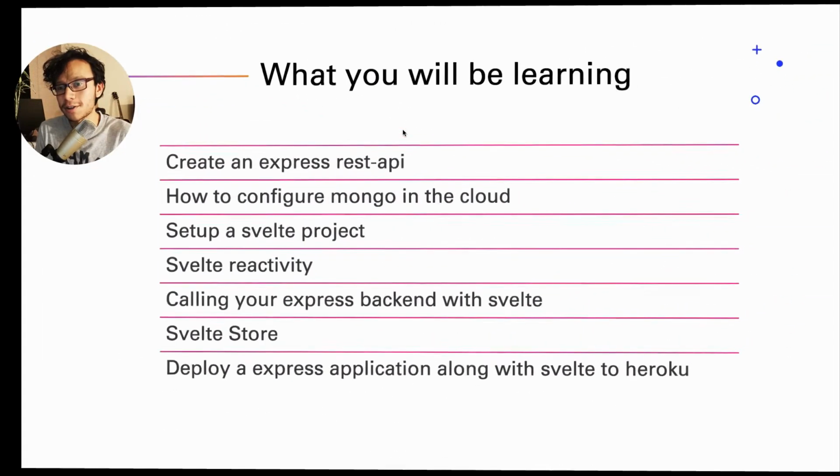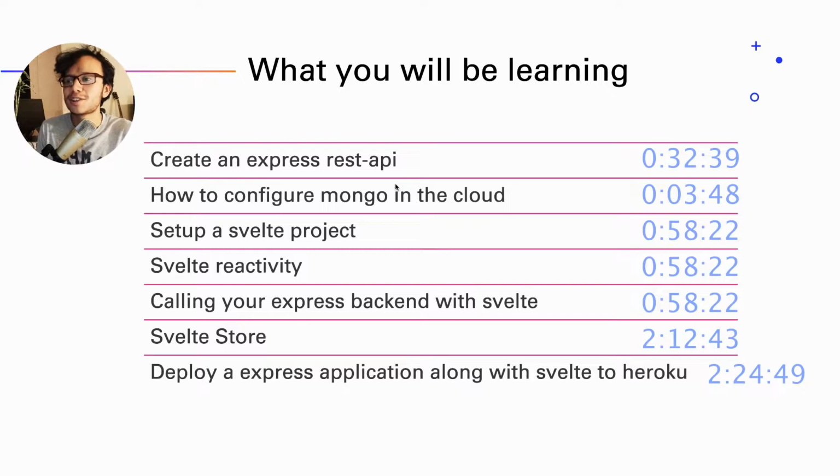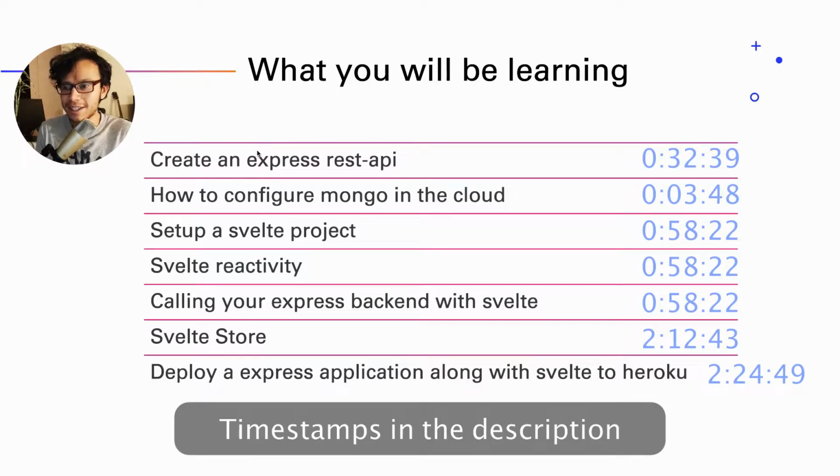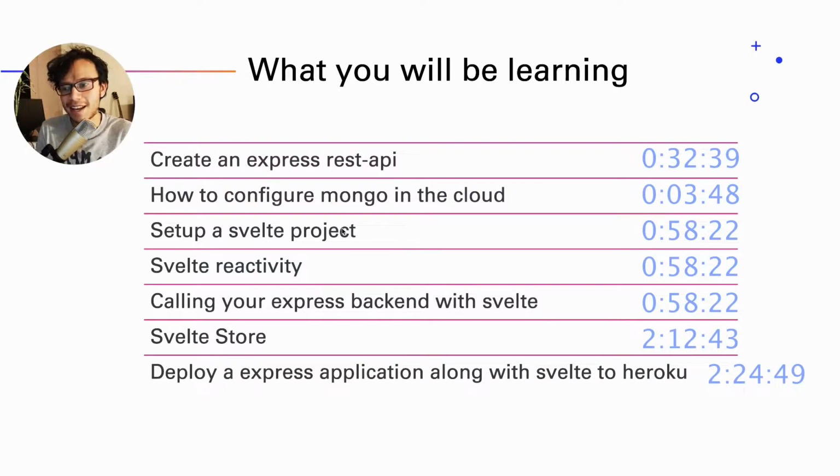And what you are going to be learning today is how to create an Express REST API, how to configure Mongo in the cloud, how to set up a Svelte project, and also all the features that Svelte has, like reactivity, event binding, logic blocks, and so much more.